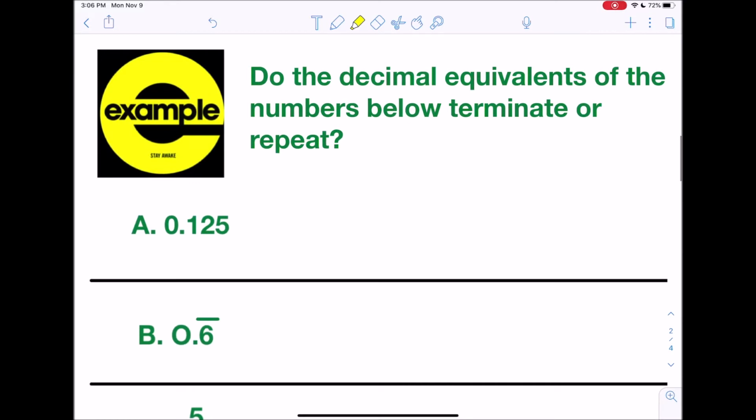Do the decimal equivalents of the numbers below terminate or repeat? So once again, we're given a decimal number. The decimal stops at 5. It doesn't keep going on forever, so that would definitely be a terminating decimal. And remember, the word terminate means to stop.